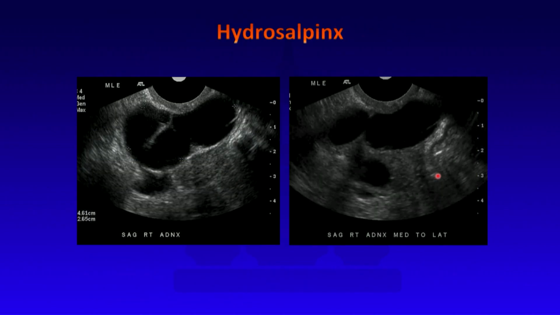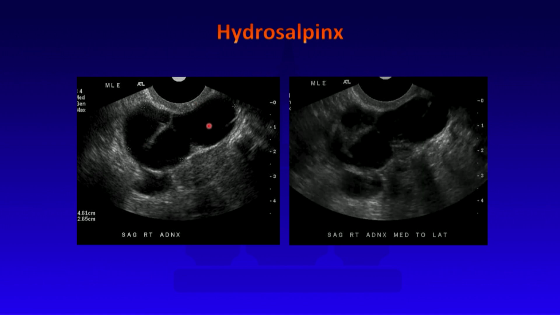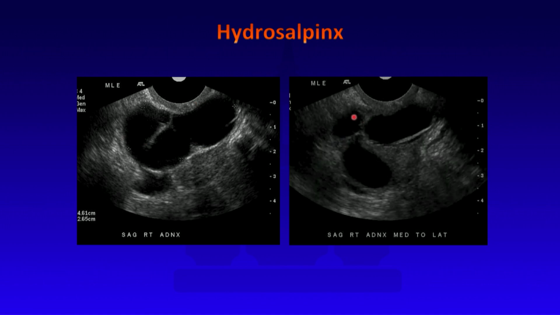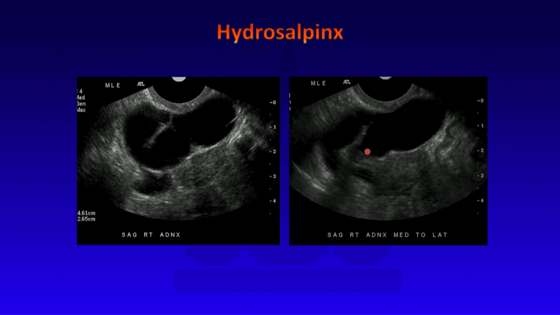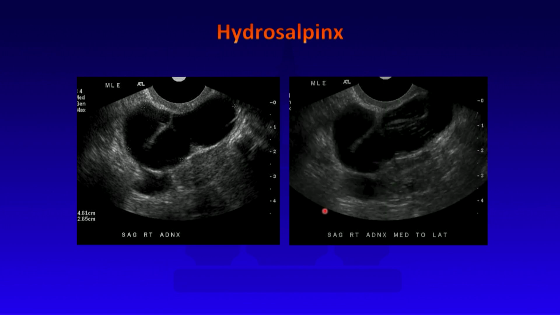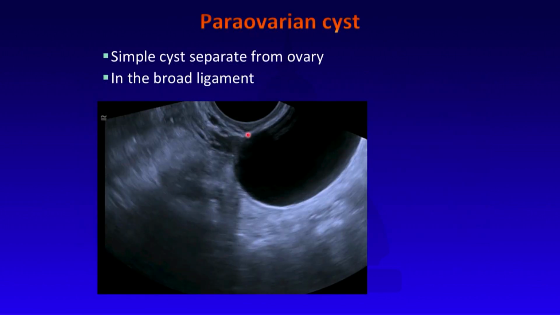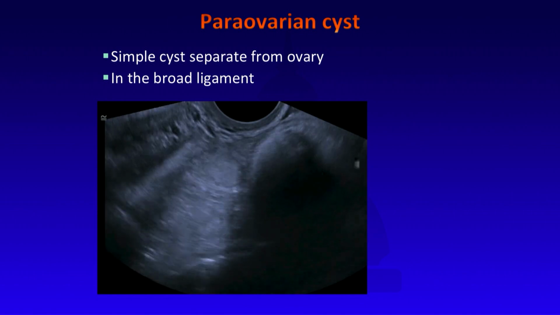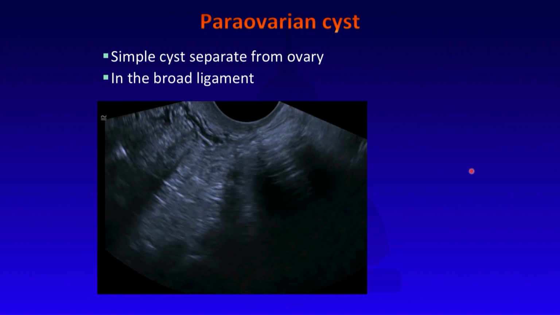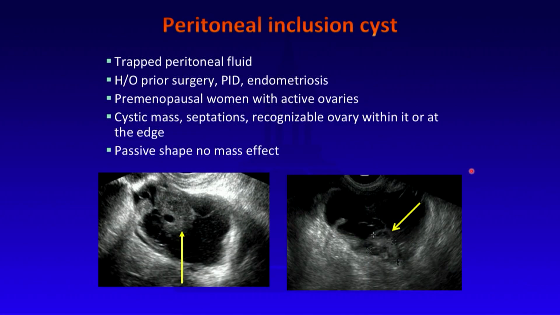Another lesion we can recognize is a hydrosalpinx, a tubular structure where you see the fimbriae or the septations. That's really easy to recognize. Or this lesion. So it's clearly separate from the ovary. It's a simple cyst, really easy diagnosis. And then this last one, which is a peritoneal inclusion cyst.